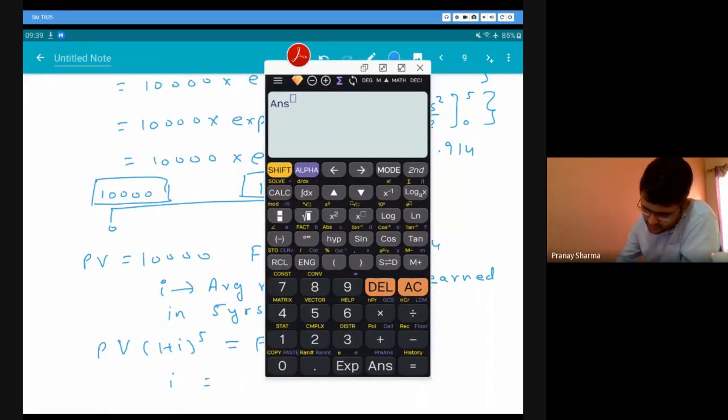So raised to 1 divided by 5. Then minus 1. So we are getting 7.78841%. Now what does this mean?